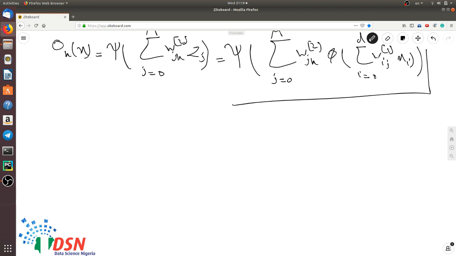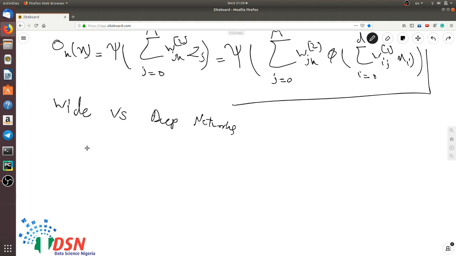Now the question that probably arises is how could we compare wide versus deep networks? In other words, we could have a network that is too wide.